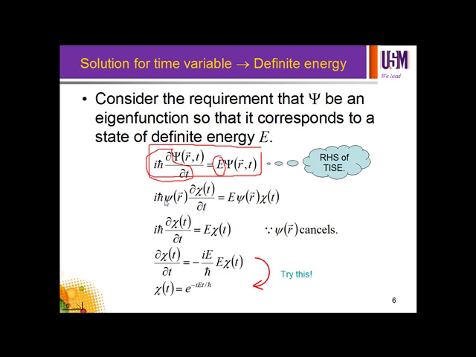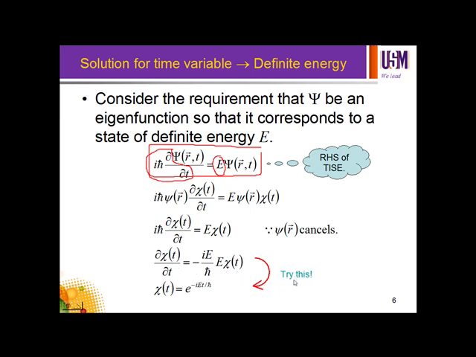Okay, so you multiply both sides with psi chi, small psi and chi. But the psi cancels because it exists on both sides. Psi cancels, chi cannot cancel because one of the chi on the left hand side is now being differentiated. So we have this differential equation. Okay, and finally we have this solution for chi in terms of time.